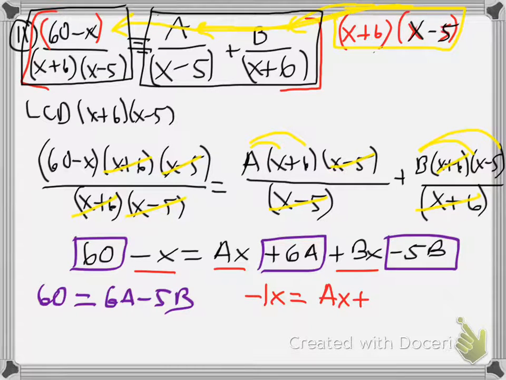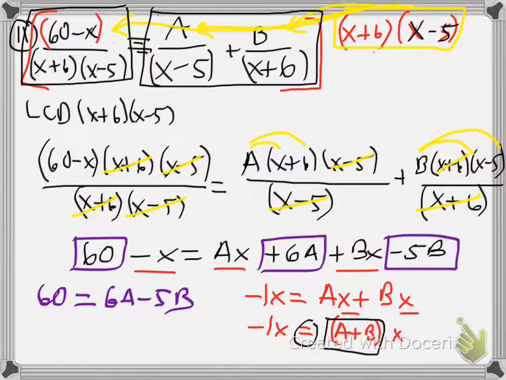ax plus bx. And it turns out if I factor the x's out, I get negative 1x equals a plus b. I'm doing it a little bit backwards with an x. And now we've got to do some thinking here. If both sides are equal, then whatever's in front of x must equal negative 1.